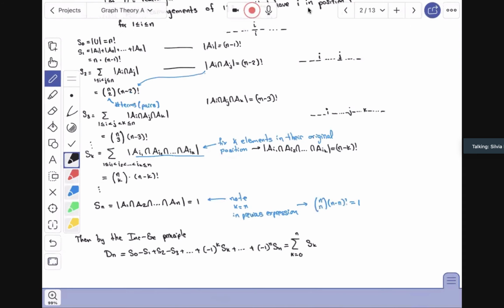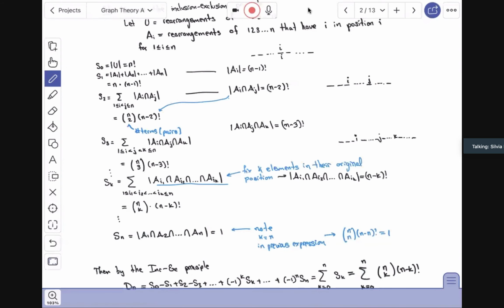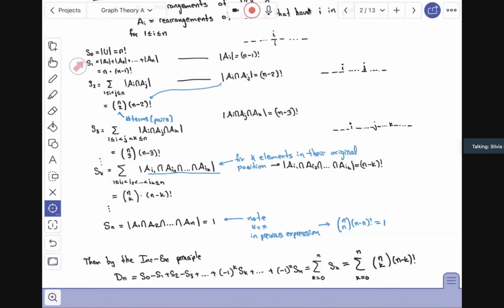And we have that this is n choose k times n minus k factorial, which, by the way, this formula right here also fits the first ones. Let's just make sure, because maybe it fails to fit the first one, since the first one was computed in a slightly different way.